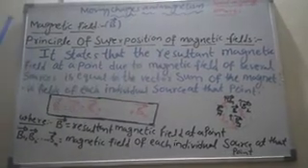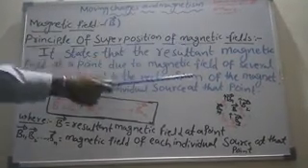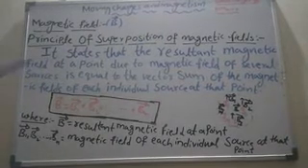If you remember the principle of superposition of electric field, then instead of electric field, if you write magnetic field, you get the principle of superposition of magnetic field. Don't waste your memory, save your memory.